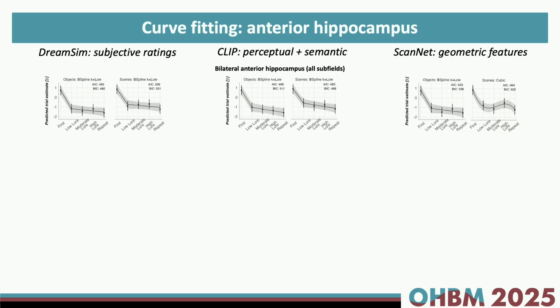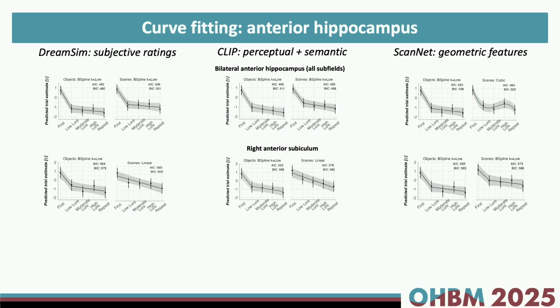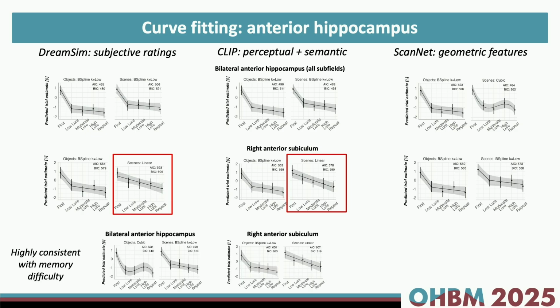And just to show you here, very clearly in the anterior hippocampus, most of these regions show very clear favor towards novelty, and only the subiculum for the scenes shows a more modulated response and some resistance to feature overlap. And this aligns with our findings when we're using memory difficulty levels. All of these perceptual, semantic, and geometric features capture what we see in the memory difficulty lower bins.